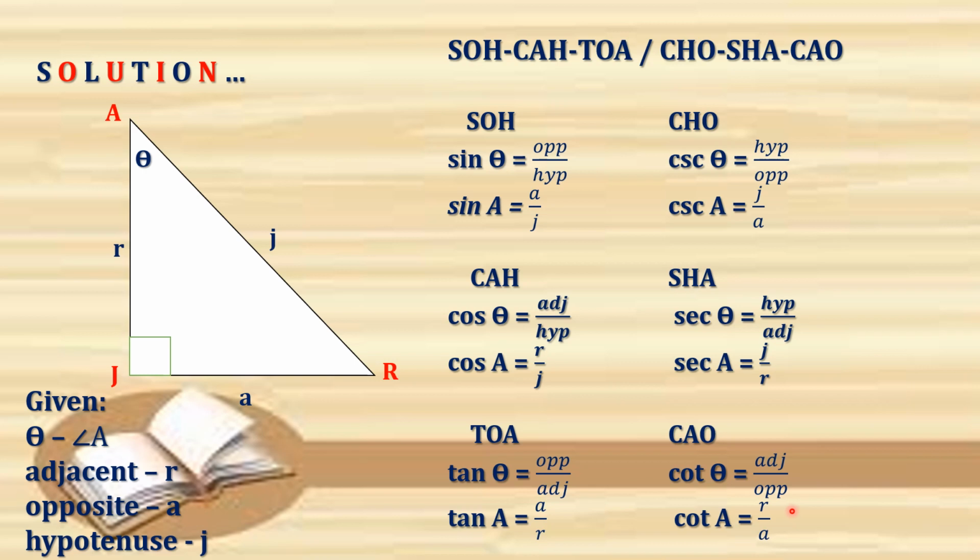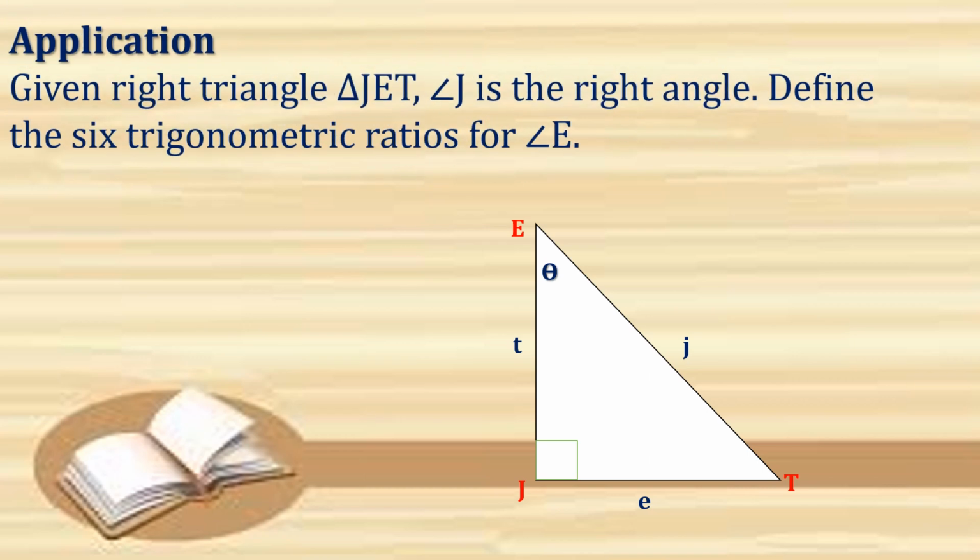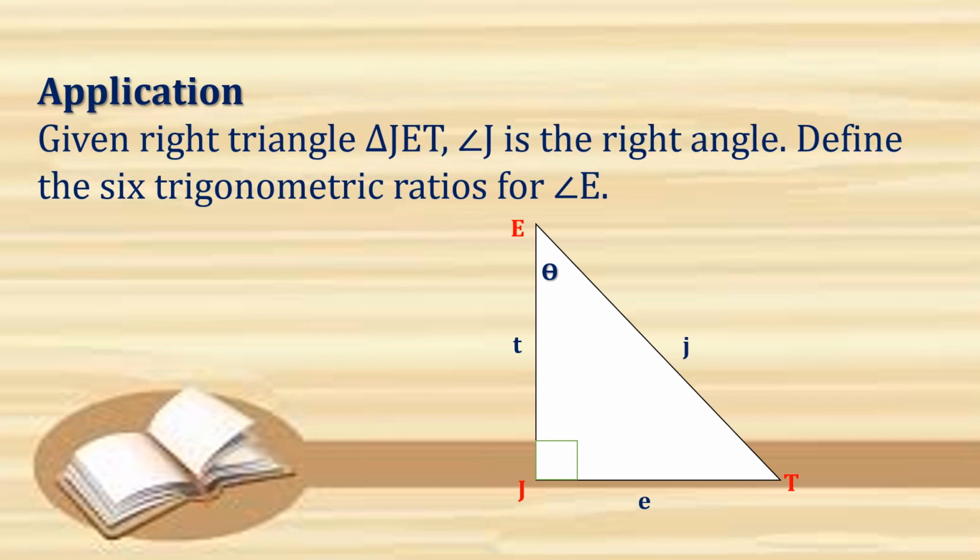I hope everyone understood the two examples given. Okay, so I know everyone already knows the six trigonometric ratios. You're just going to apply the mnemonics SOHCAHTOA. For your application, kindly get a sheet of paper and answer this.